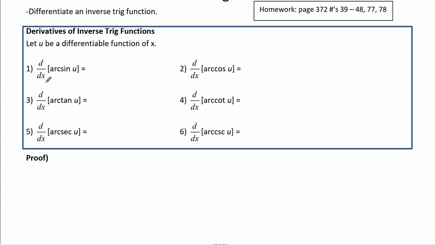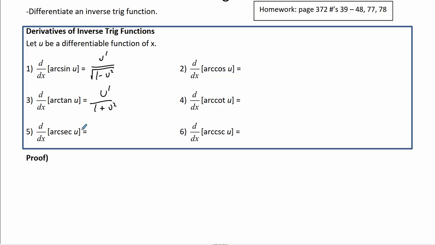So here we go. The derivative of arcsine is u prime over the square root of 1 minus u squared. Whatever that expression is, it's squared, 1 minus u squared square rooted, times the derivative of that piece. Arctangent is u prime over 1 plus u squared.